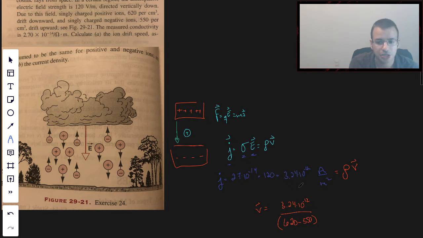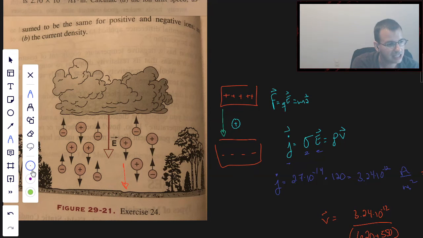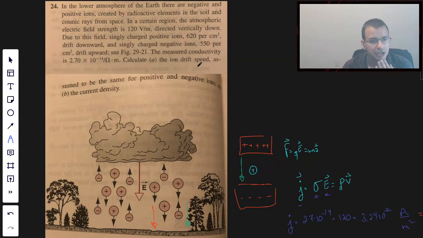Actually, no, it's going to be plus, because the positives moving down is creating a current going this direction, and the negatives moving up is also going to create a current going down, because a positive moving in the positive direction is the same as a negative moving in the negative direction. So we're actually going to add the two together, because one's a positive, one's a double negative.